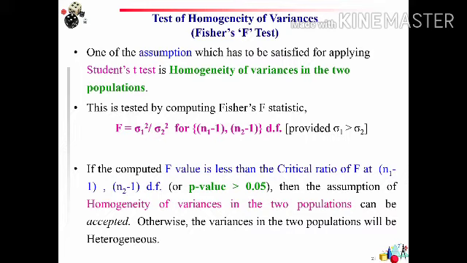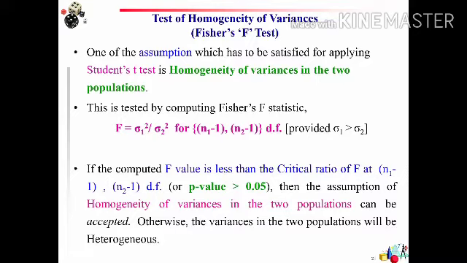Then how can we check the homogeneity of variance? By the test statistic, Fisher's F-test, we can find the homogeneity of variance in the populations. So one of the assumptions which has to be satisfied for applying Student's t-test is homogeneity of variance in the two populations.